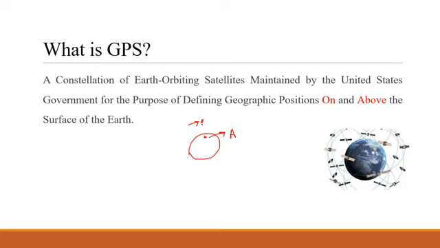So this is above the Earth's surface and this is on the Earth's surface. GPS is used to store, record and display the location of an object, and it can be measured through the different satellites which move around the Earth.